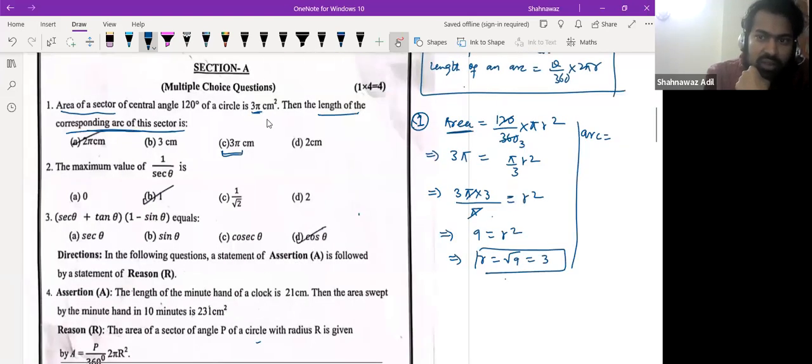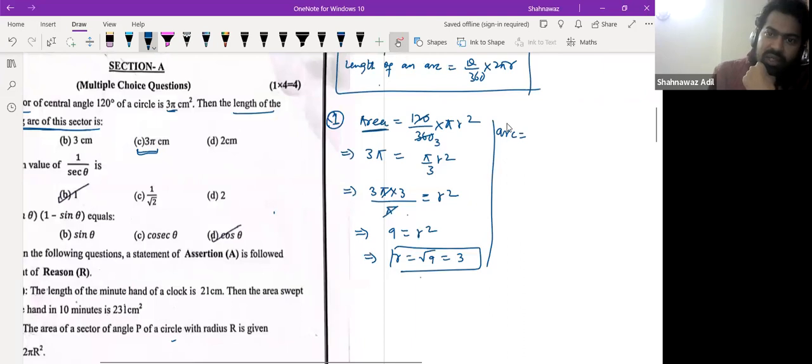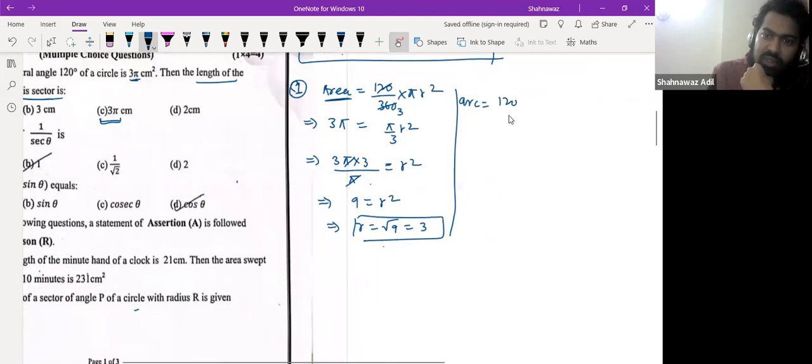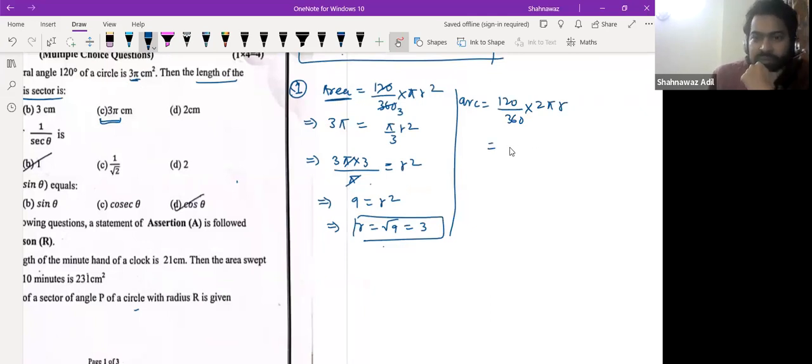Length of the arc itself. And then what do we need to do? We can cancel 120/360 to get 1 by 3, so we'll get 2 pi r by 3.